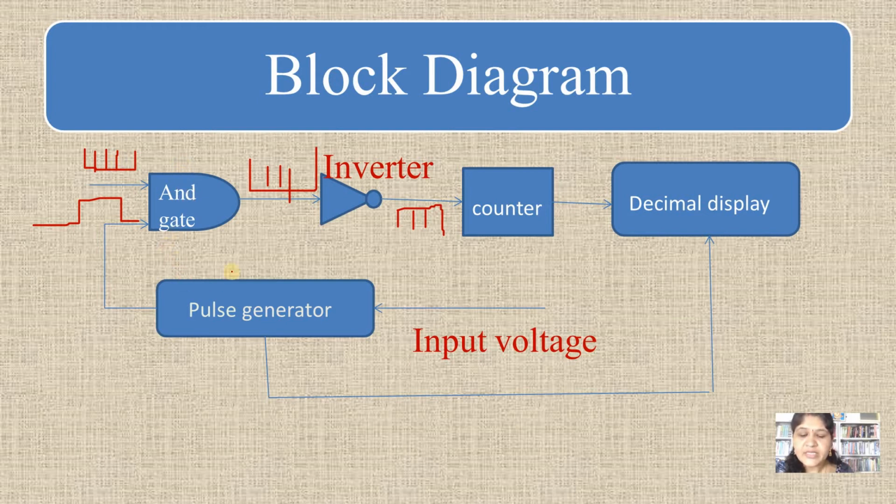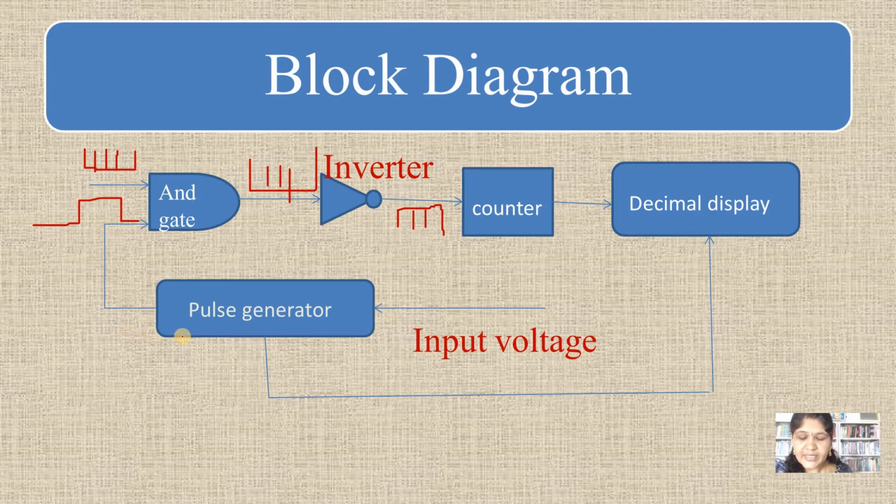When these inputs are given to the AND gate, the train of pulses will be of the same duration as that of the rectangular pulse. So we can say that this AND gate output is modified according to the train of pulses given to it.